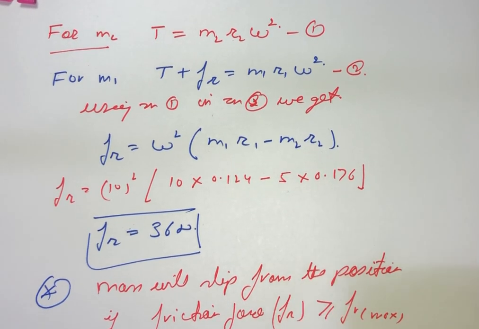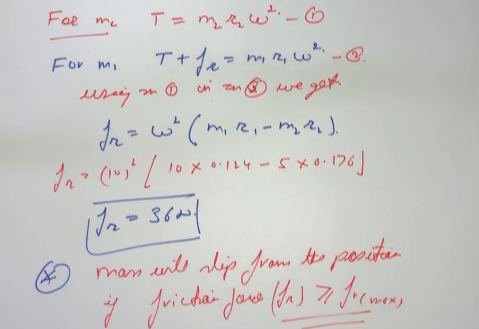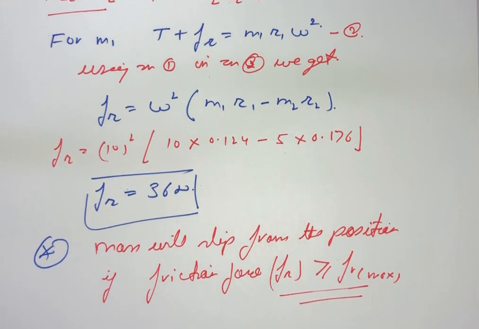So under this condition the masses are going to slip. So we already know the equation for Fr, so we substitute it here.